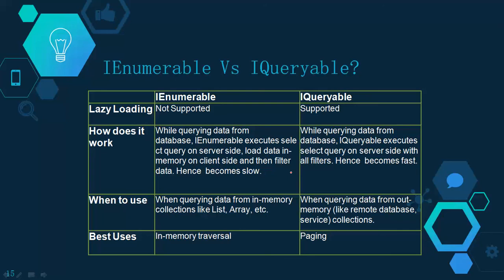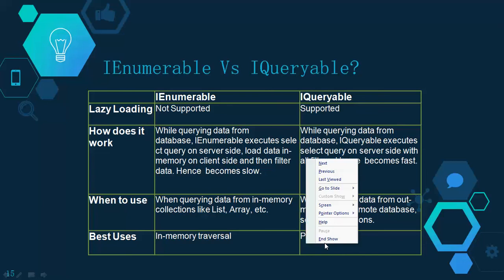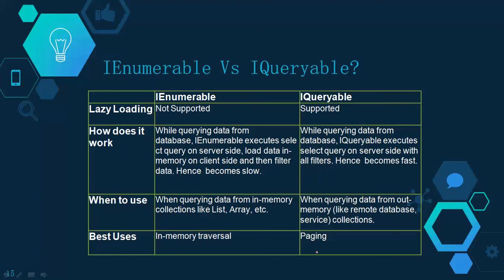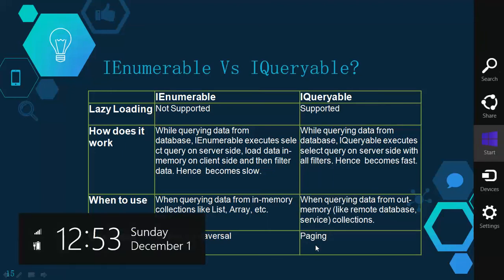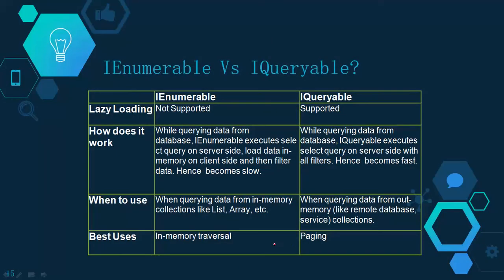But when you want to query data outside the memory, from the database for large data collections, you can use IQueryable. The main use of IQueryable is also paging, because for large data it is not possible to show it at one time, so it needs to be fetched by using paging. But for small collections you can use in-memory traversal, that is IEnumerable.